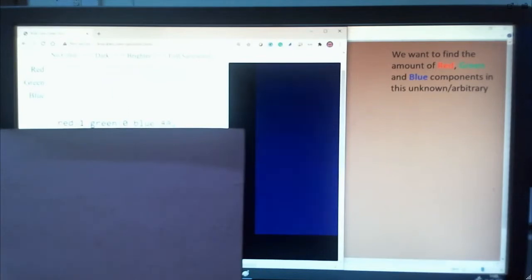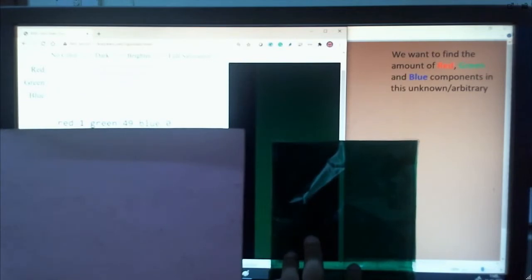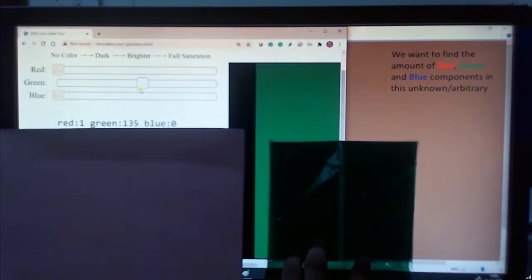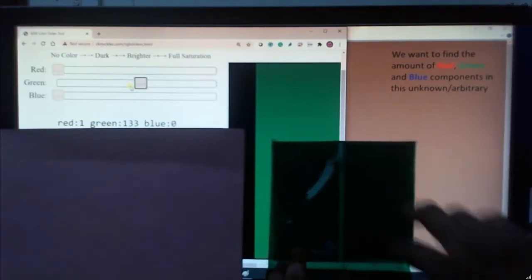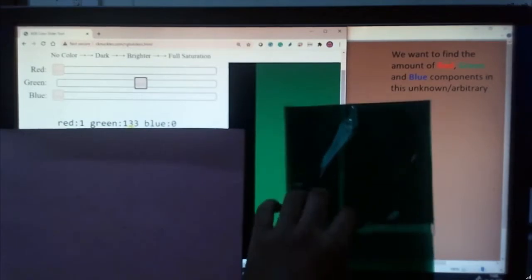Remember that. And now the same thing with the green filter. I shall adjust the brightness. I guess now it is almost equal and the value is 133.